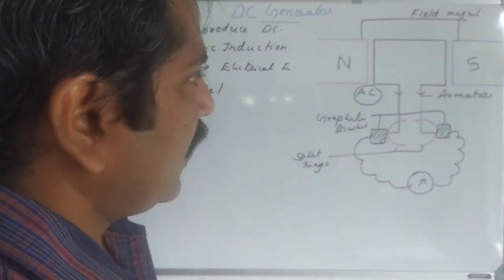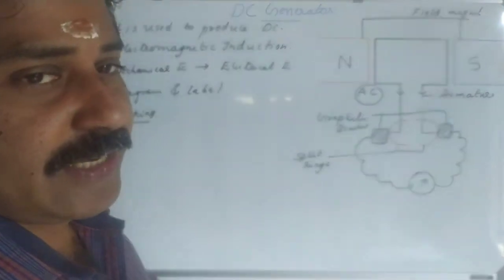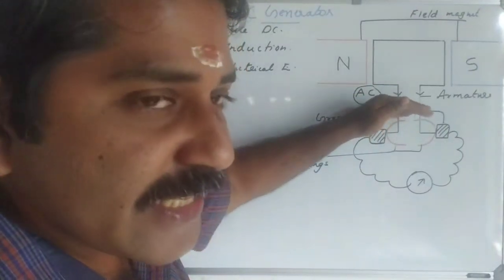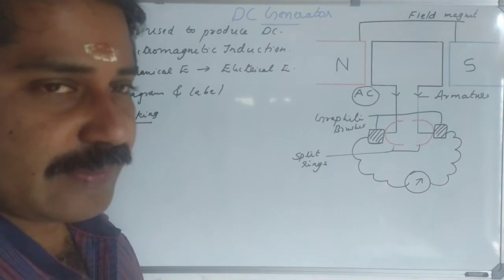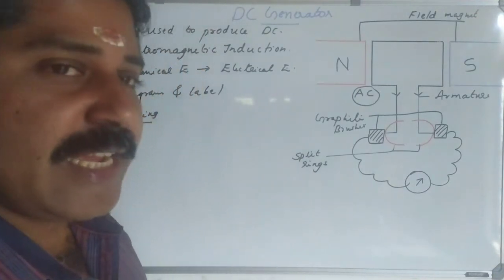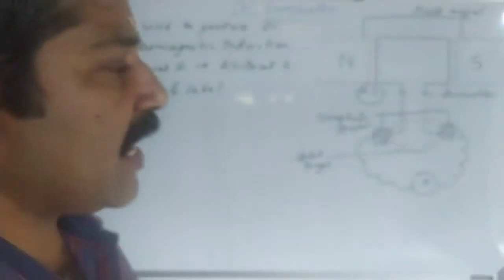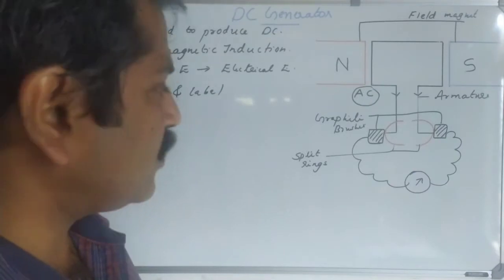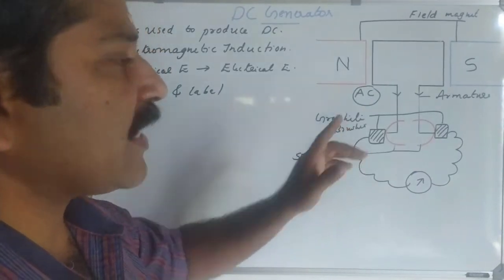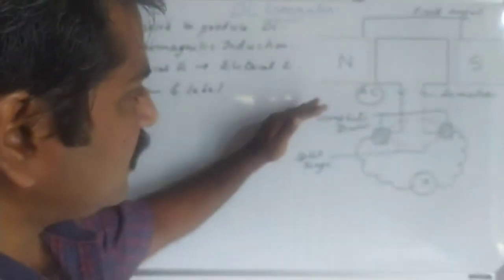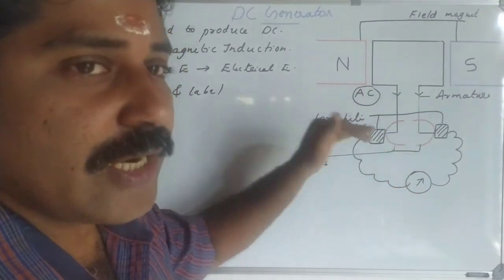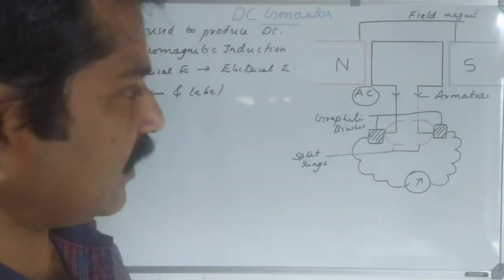In the AC generator, the produced AC is taken to the outer circuit with the help of slip rings and graphite brushes. Here, instead of slip rings and graphite brushes, we use split rings and graphite brushes. You learned the name of this system in the earlier chapter, the split ring commutator.